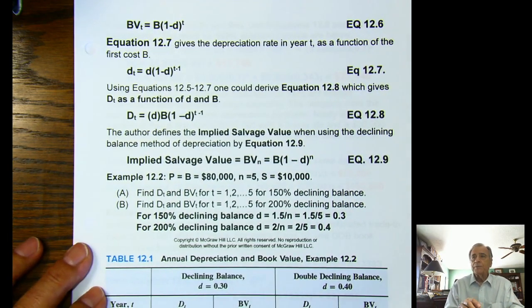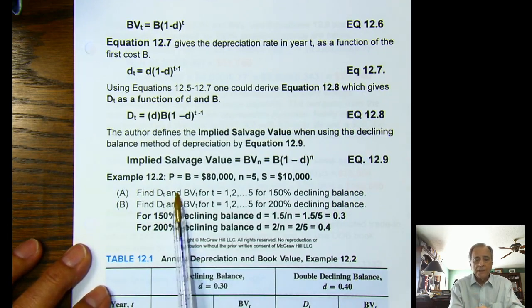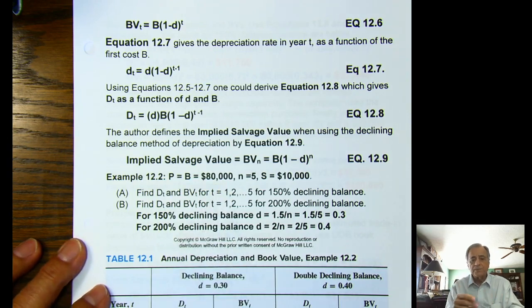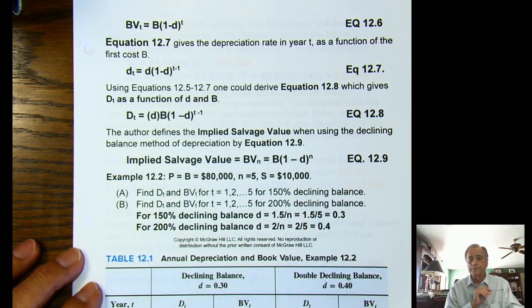As an example, suppose we have an asset that costs $80,000 to get it running. Purchase price, delivery, installation, whatever it takes to get it going, $80,000. And our recovery period is 5 years, and we estimate the salvage value at the end of the 5th year to be $10,000.